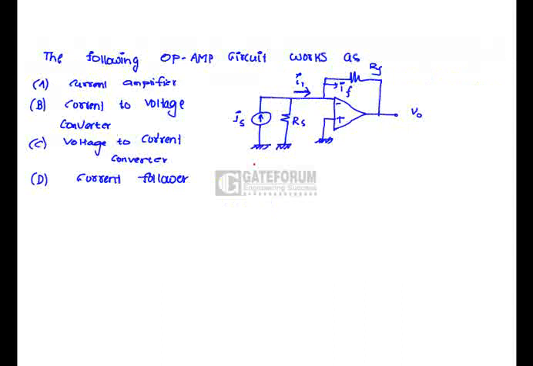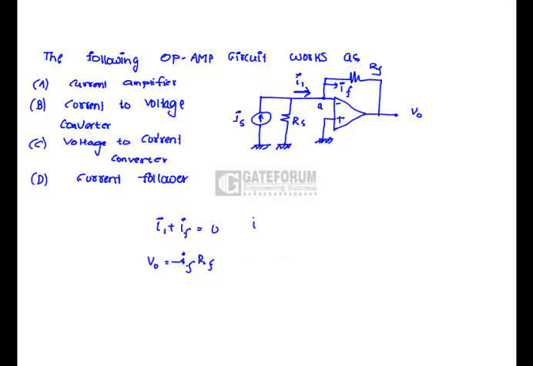Open circuit works as... Here, if we apply a KCL at node A, I1 plus IF equals to 0. Here V0 is nothing but minus IF into RF.